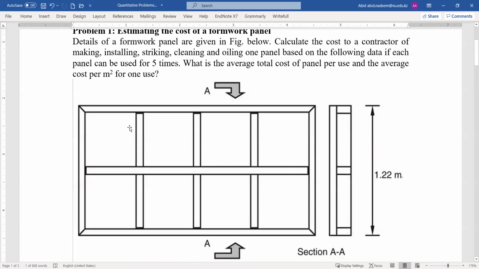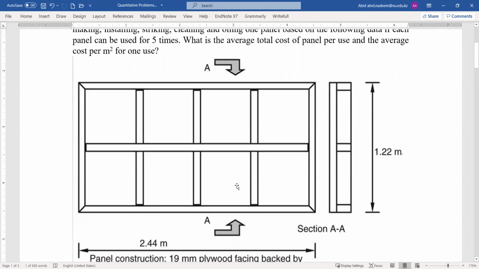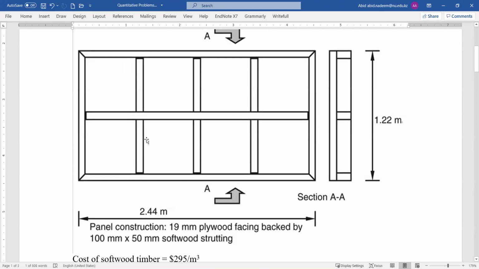This 3 represents these long side wooden planks. So there will be 3 of such planks, each with a length of 2.44 meter, and its cross section is 100 millimeter by 50 millimeter.